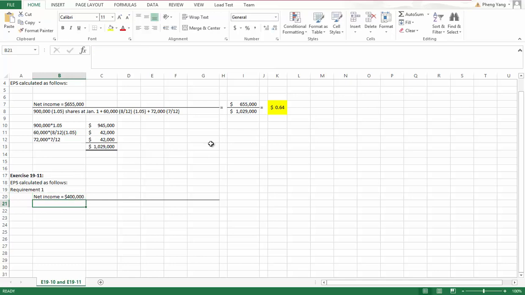And for EPS in 2013, they had 202,000 shares outstanding as of January 1st.